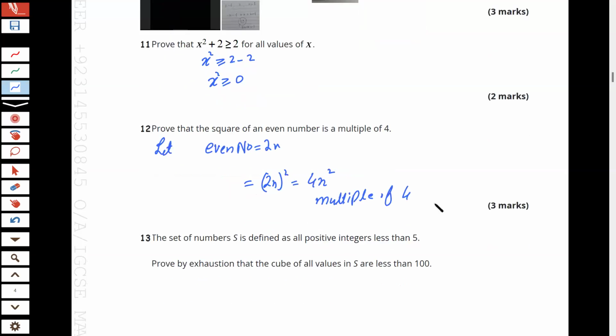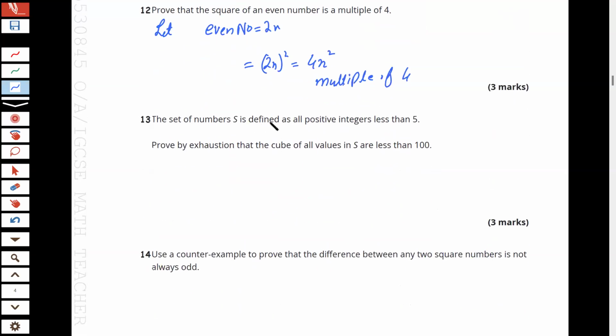The set of numbers S is defined as all positive integers less than 5. Prove by exhaustion that the cube of all values in S is less than 100. So in exhaustion we have to take all the possible values. The smallest positive integer is 1.